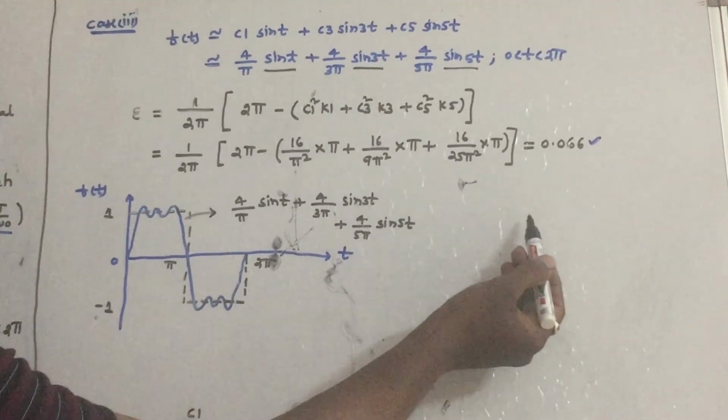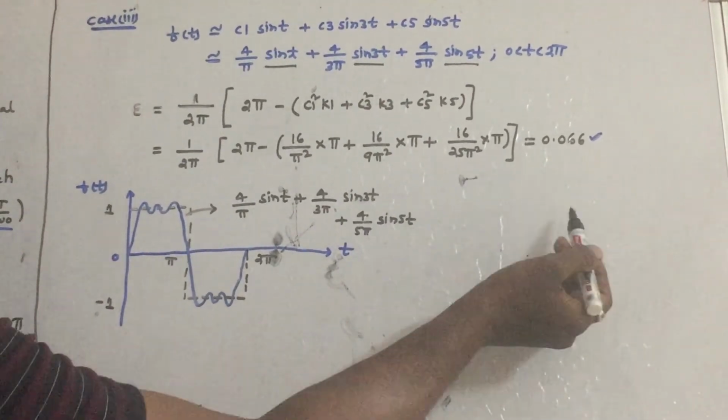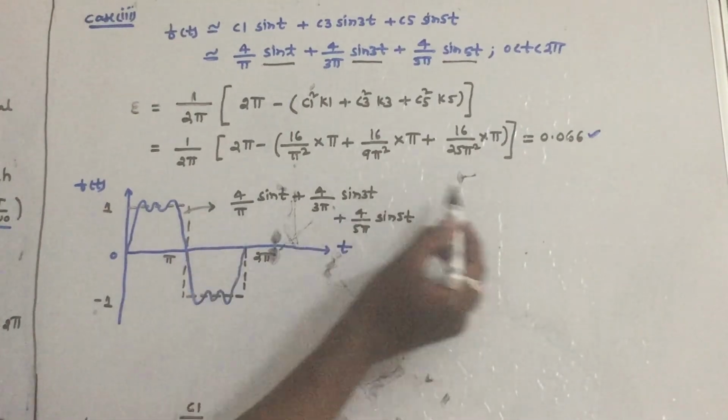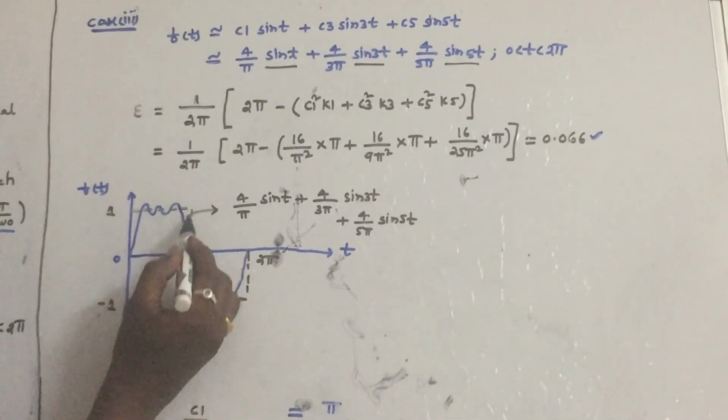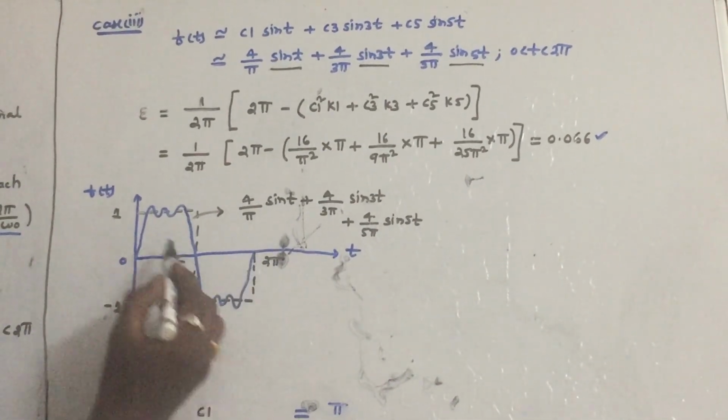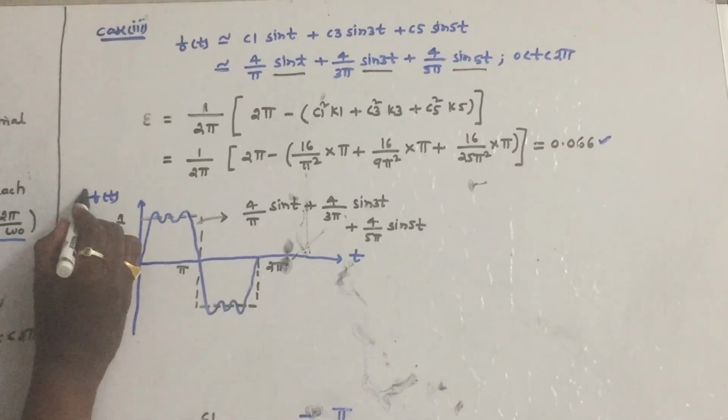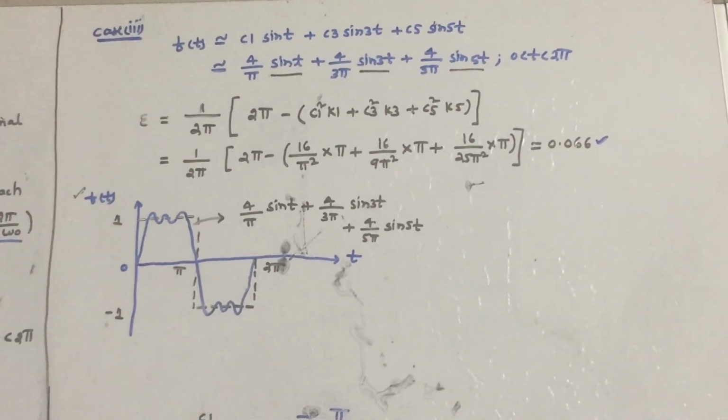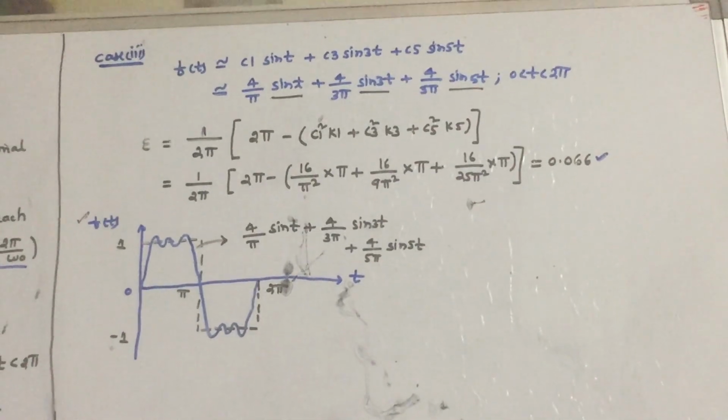Like that, if we increase the number of orthogonal terms, adding more orthogonal terms, the addition of these orthogonal functions will almost result in the square wave, that is f of t. So this is all about this very important problem.